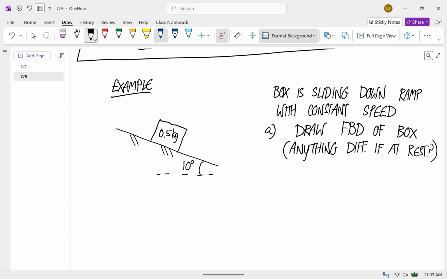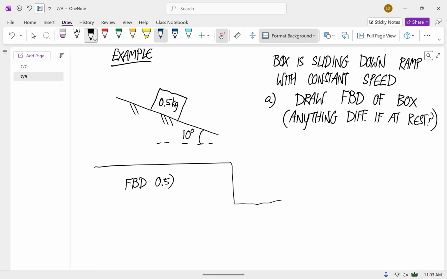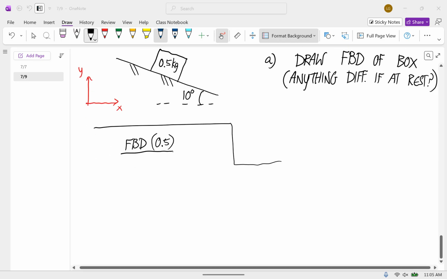And I guess let's start with that again, and then we'll go in and do some calculations based on the free body diagram. All right, so I'm going to draw the outline.